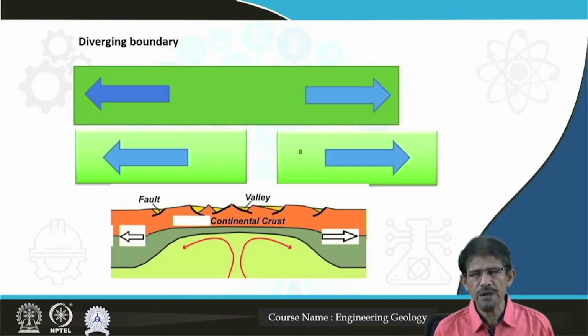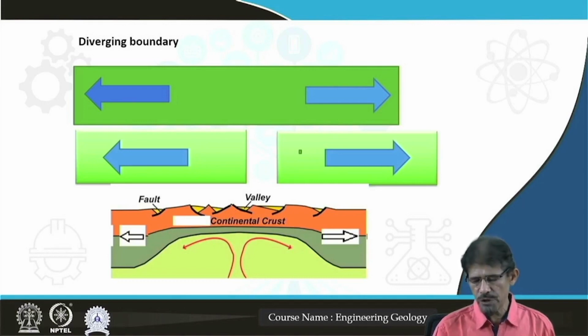Here in this phase, we are going to discuss the diverging boundary. If we take a simple example of a single plate, these plates lie above the mantle area, and the mantle is viscous in nature.